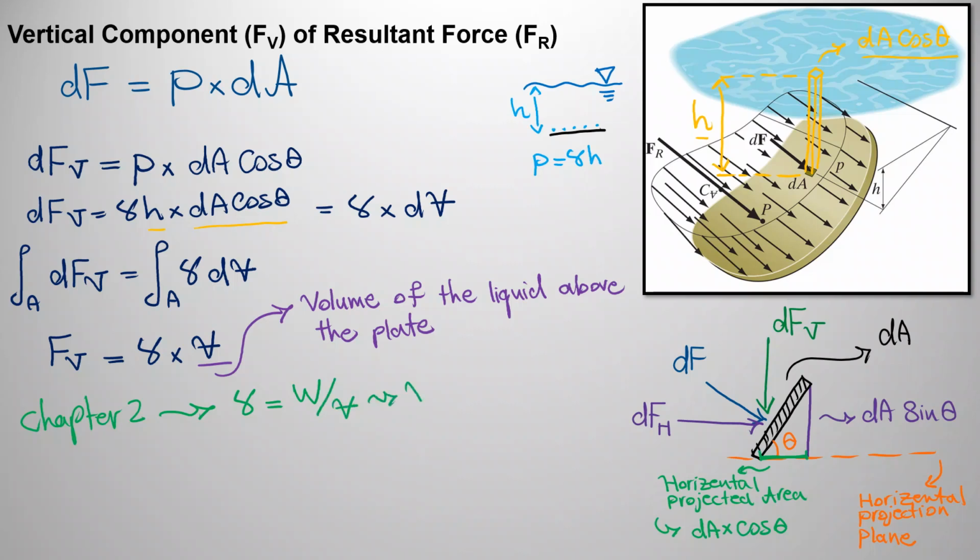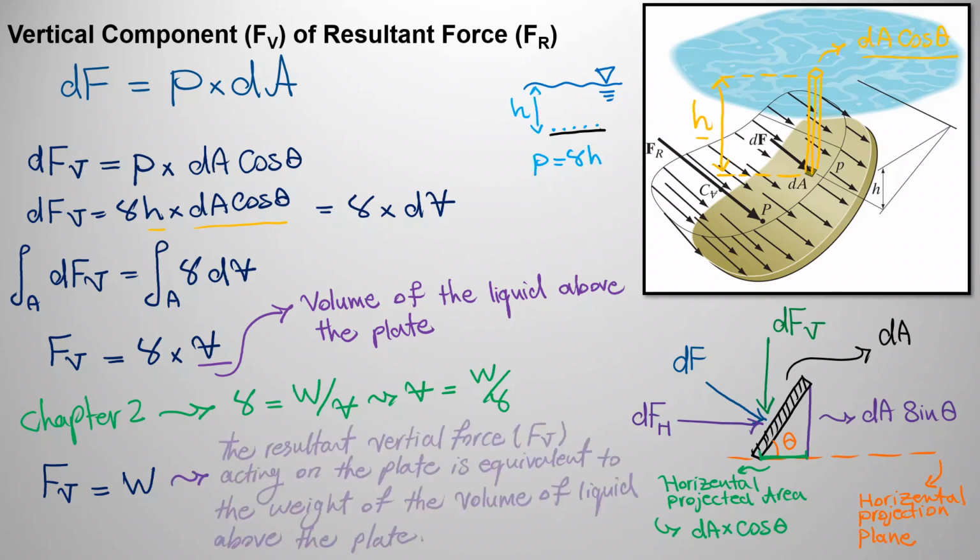So volume can be written as W divided by gamma. Now if I put this in the force equation, vertical force would be equal to W. It means that vertical force is equal to weight. In other words, the resultant vertical force component acting on the plate is equivalent to the weight of the volume of the liquid, in our case water, above the plate. So I'm going to write this definition over here for your reference.